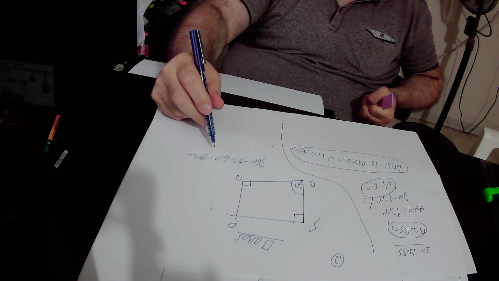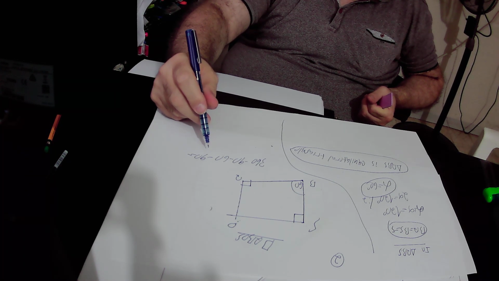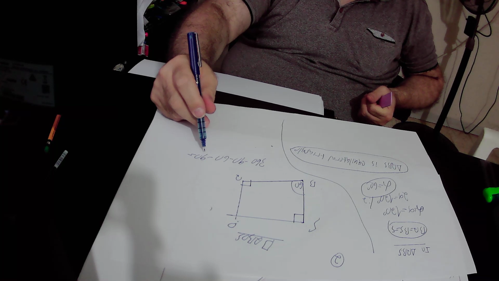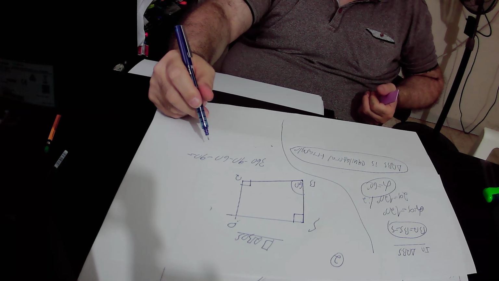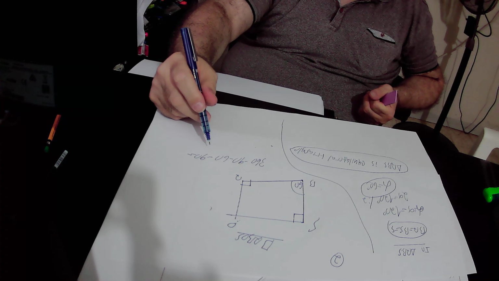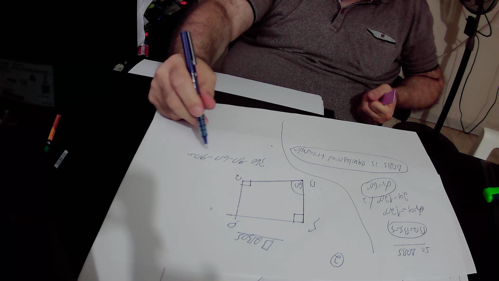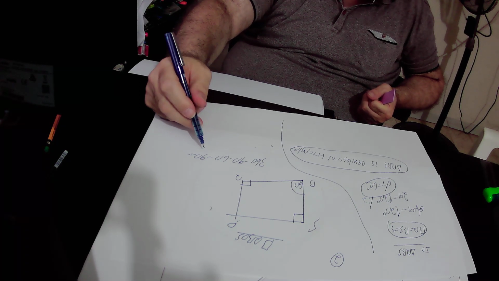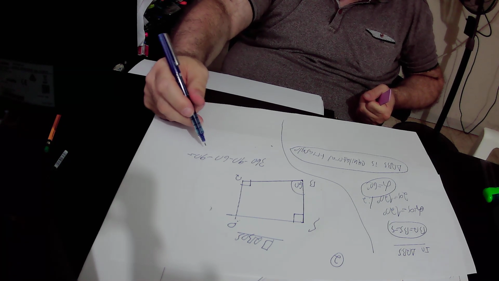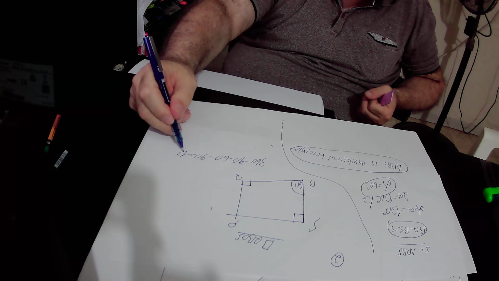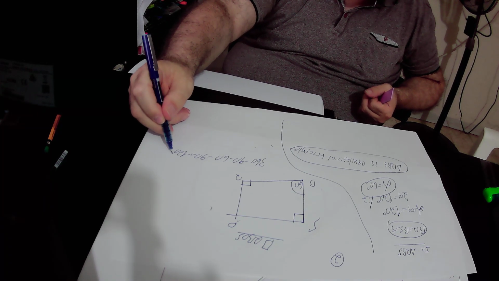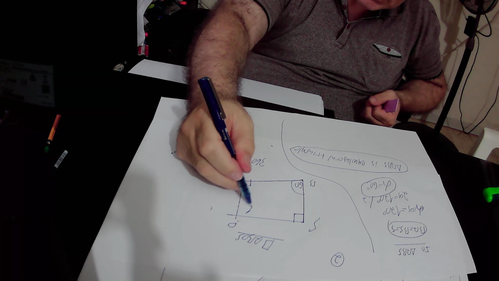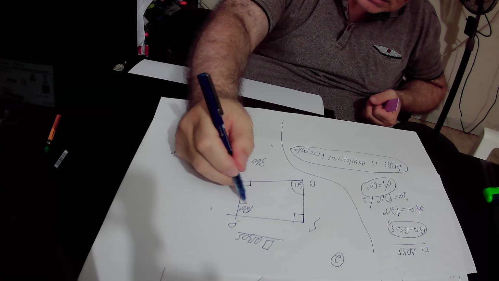It is actually 360 degrees minus 240 degrees, which is equal to 120 degrees. So we found out that this missing angle equals 120 degrees.